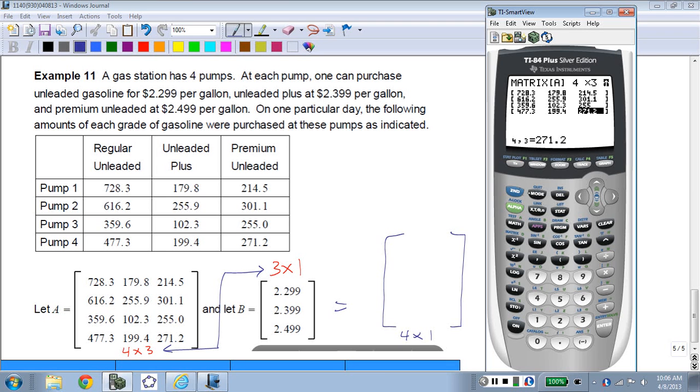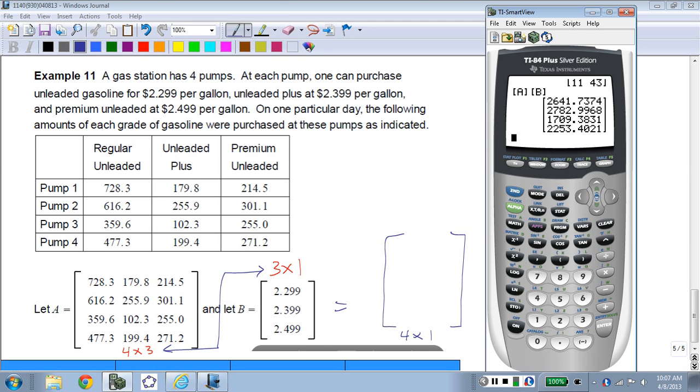Second quit. Second matrix. Edit matrix B. Make that a 4 by 1. No, 3 by 1. Second quit. Okay, so just use the names menu, second matrix A, and then right next to it, second matrix B, and the product matrix looks like this.